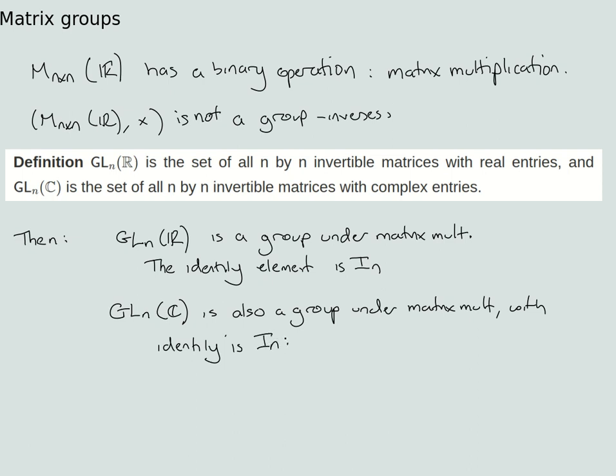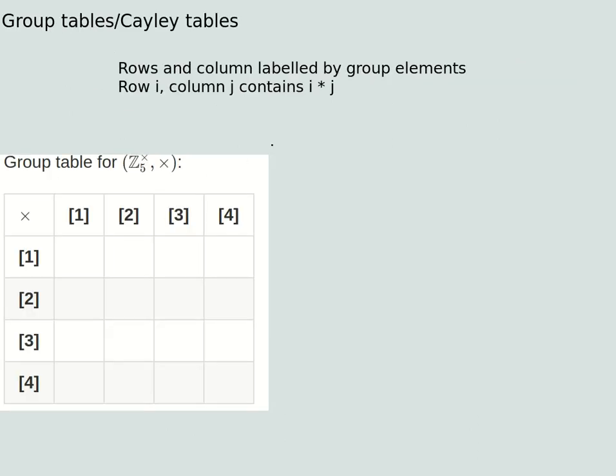Okay, if you're wondering where GL comes from or what GL means, well, the answer is GL here stands for general linear. So you'll see these things called the general linear group. All right, last slide then is about group tables or Cayley tables.